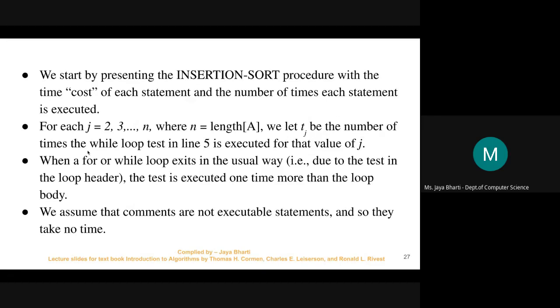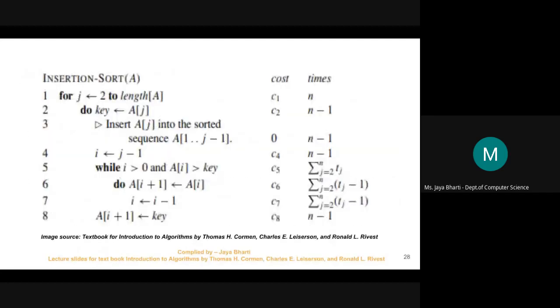It is written there that tj is the number of times the while loop test in line 5 is executed. So the while loop test in line 5 will be executed the number of times plus 1 time, and that will be equal to tj. So if this is tj times, the remaining statements inside the while loop will be executed tj minus 1 times.